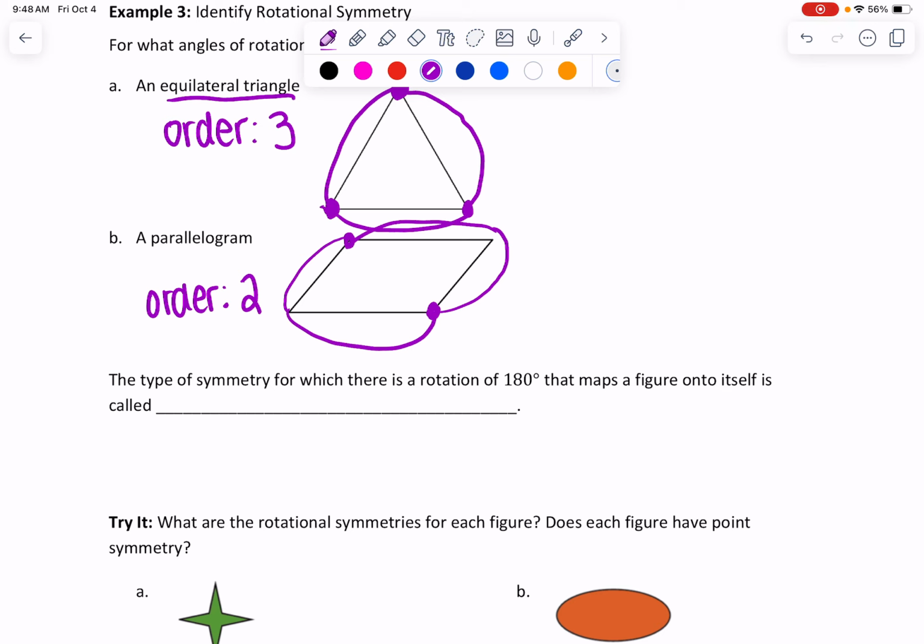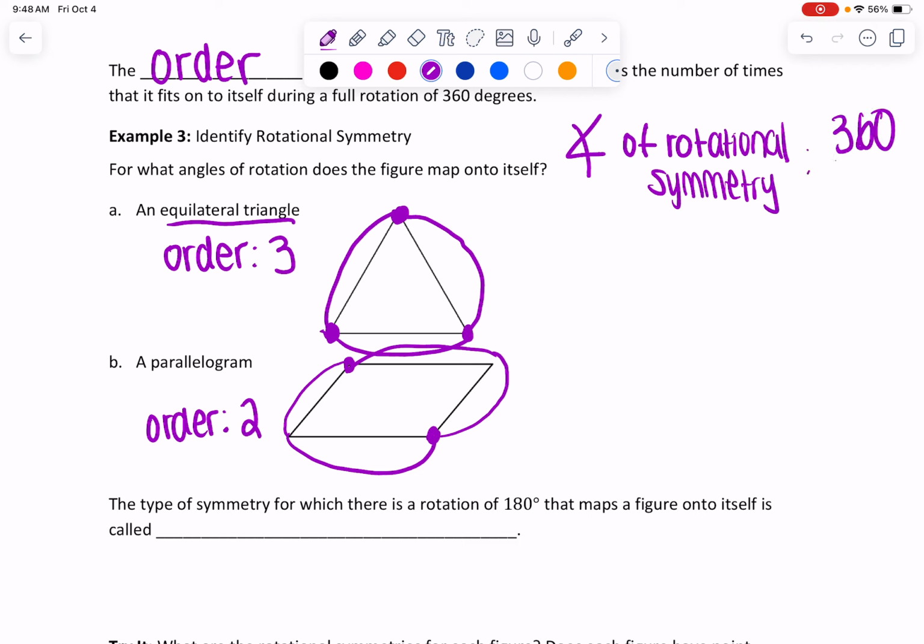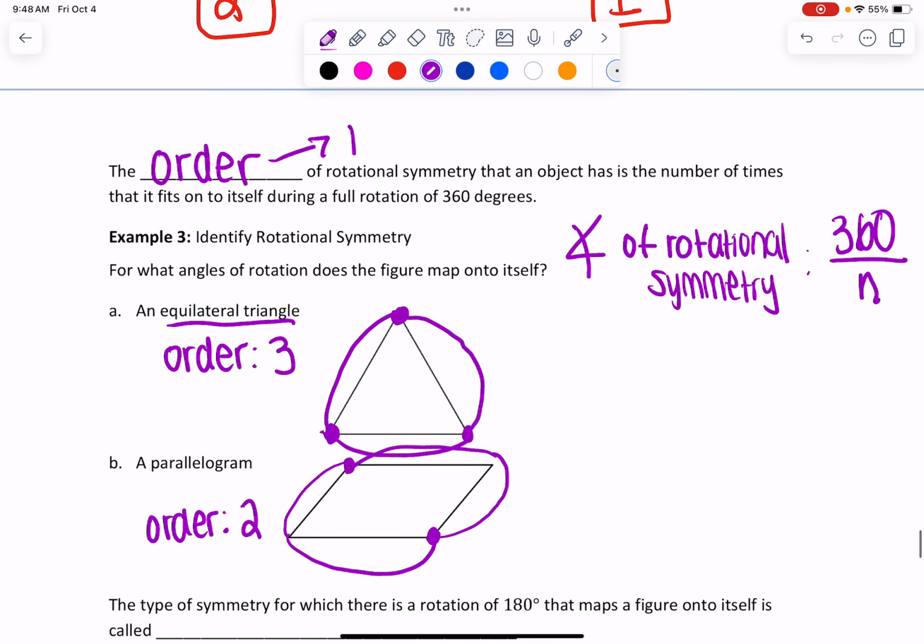One other thing that I need to cover is the angle of rotational symmetry. So how to find the angle of rotational symmetry: if you're rotating all the way around, that's 360 degrees. Then you divide it by n, and n is the order.